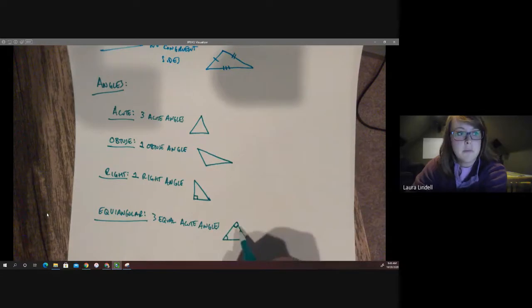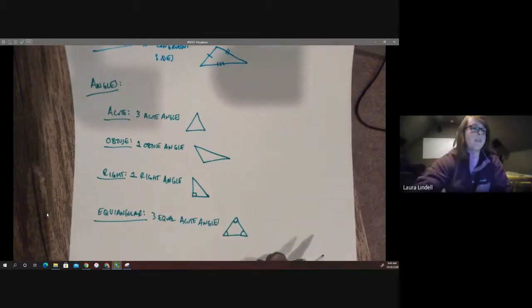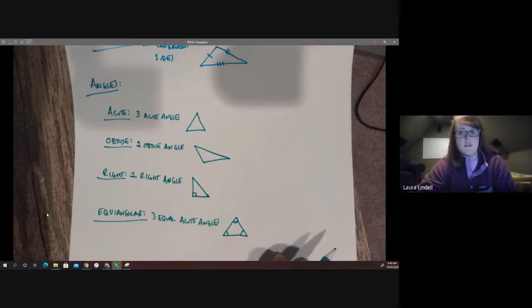Remember, that's our symbol for angles that are the same, having one arc in the angle on each of those. That means those are all three the same angle. Okay, so now we have words to talk about triangles by their sides and by their angles.